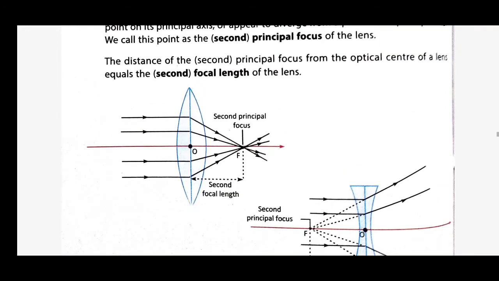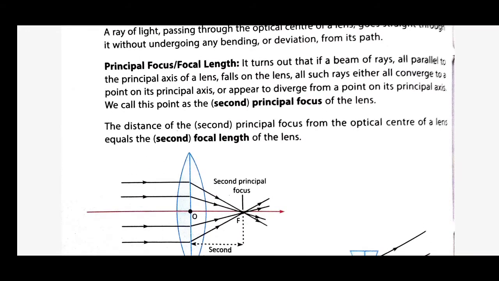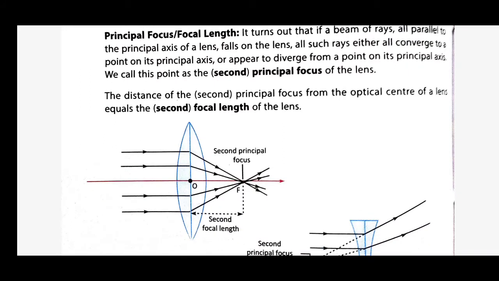So if we have to define the principal focus of the spherical lens, then I am telling the definition. The point on the principal axis where all the rays which are nearer and parallel to the principal axis meet really or appear to meet after refraction through the spherical lens.